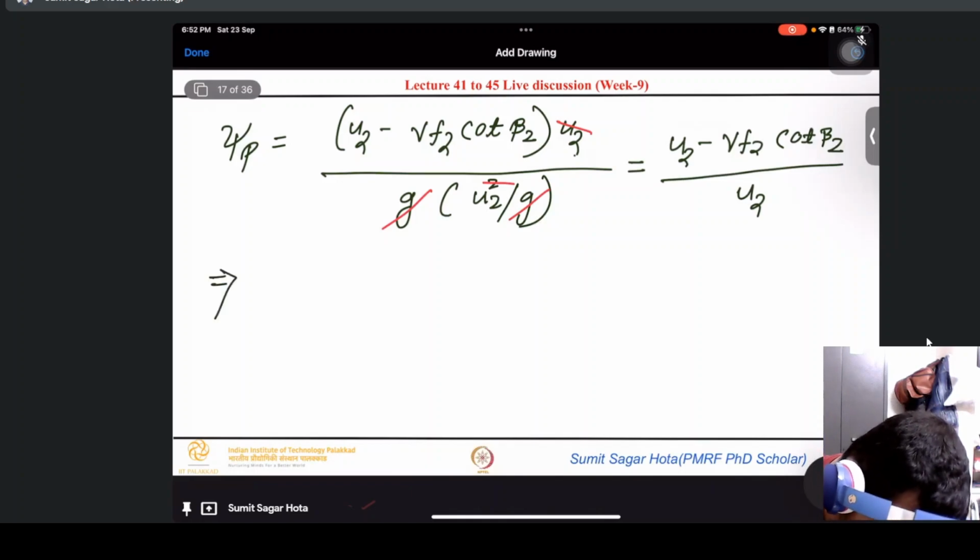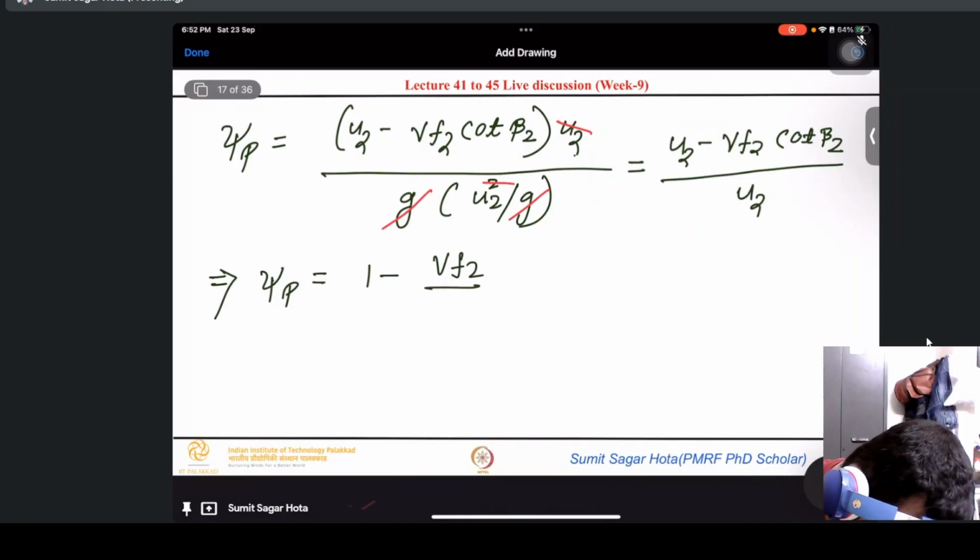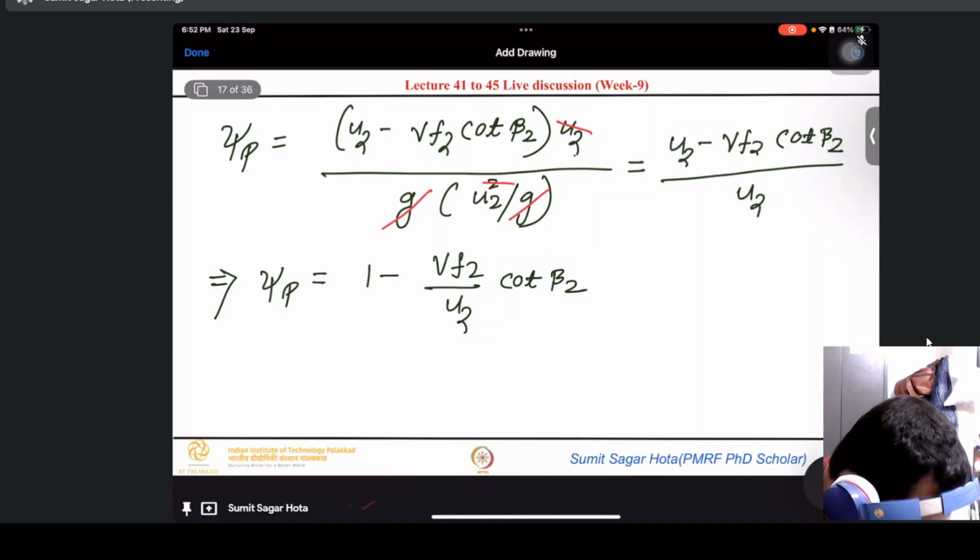This implies psi p is equal to 1 minus Vf2 by U2 cot beta 2. And what is Vf2 by U2?